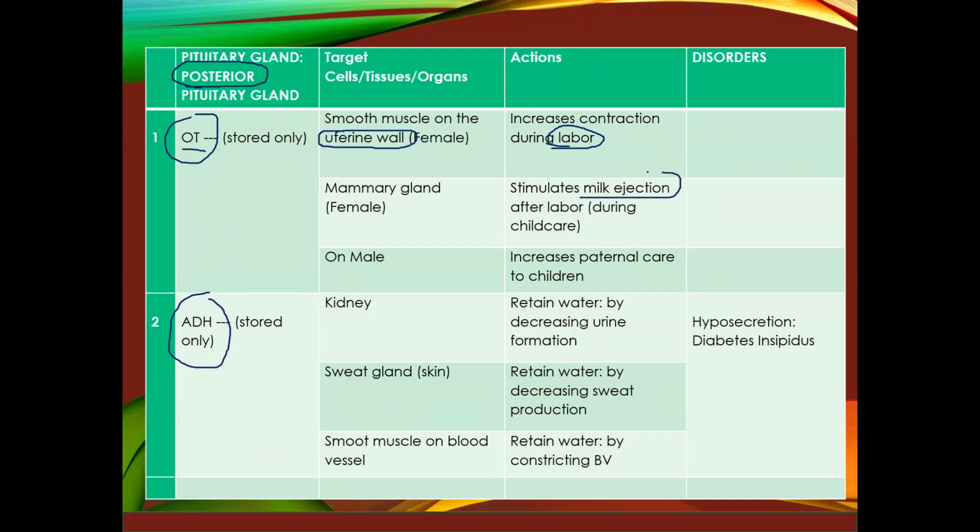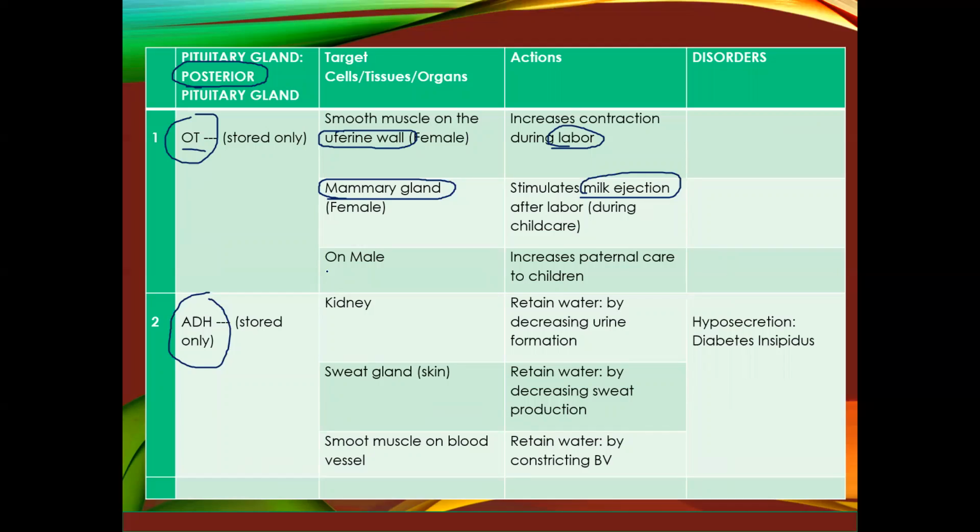Milk is produced in the mammary gland, therefore the target for this OT is also the mammary gland. So there are 2 targets for OT: the uterine wall during childbirth and the mammary gland during breastfeeding or lactation.